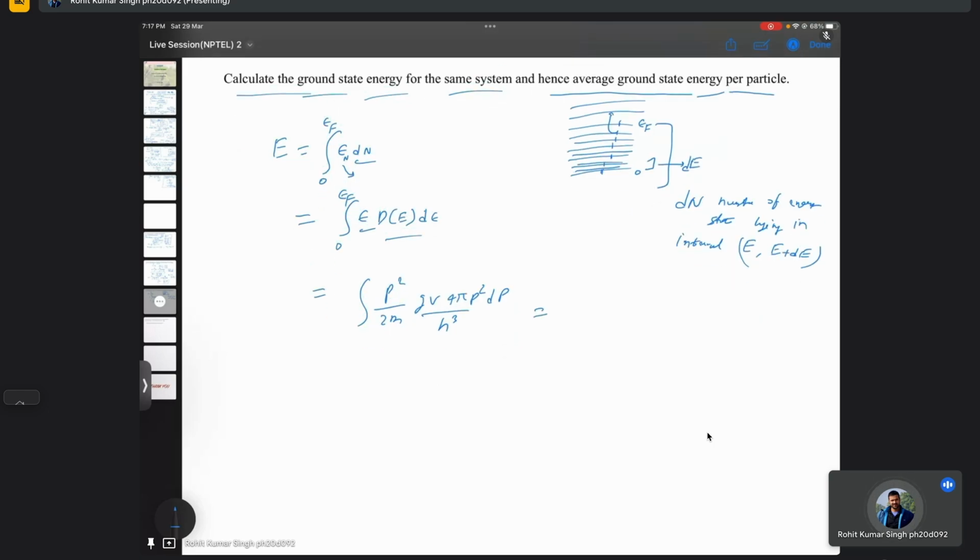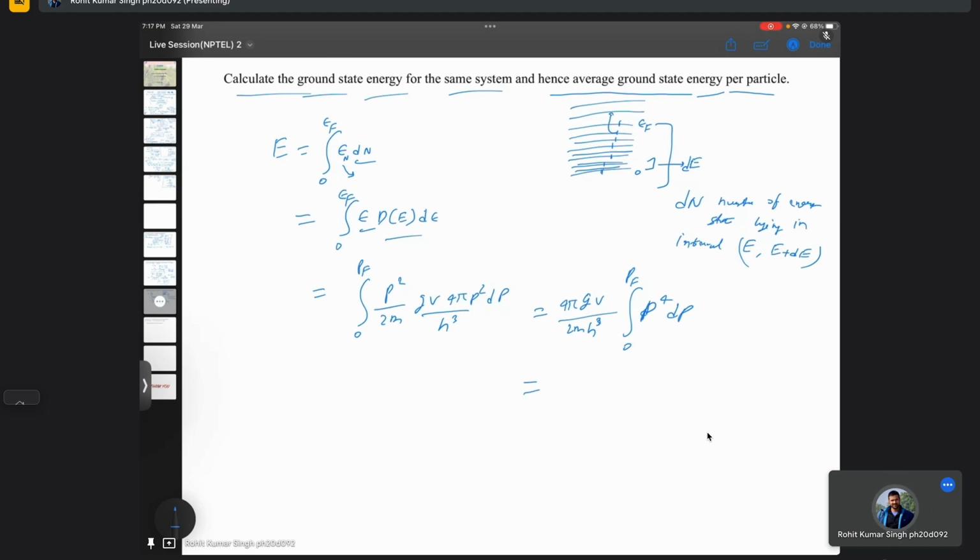The d gets cancelled, and let's take the constants out. So this is integrated from zero to the Fermi momentum, g_v 4 pi g_v divided by 2m cube, p to the power 4 dp.